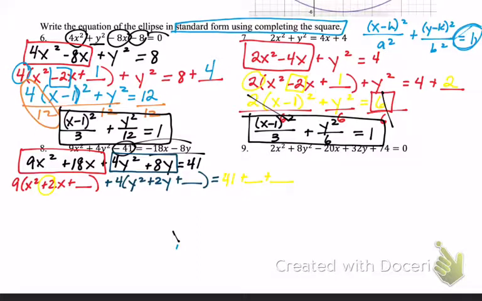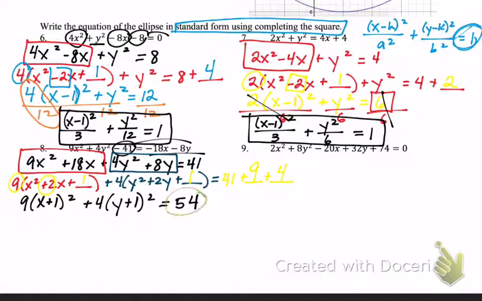So complete the square for x's. Half of 2 is 1, 1 squared is 1, and I add 9 because 9 times 1. For the y's, half of 2 is 1, 1 squared is 1, 1 on the left, 4 on the right. Then I factor, so 9 times x plus 1 squared plus 4 times y plus 1 squared equals 54. Then I want to get 1 on the right, so I divide by 54, divide by 54, divide by 54.